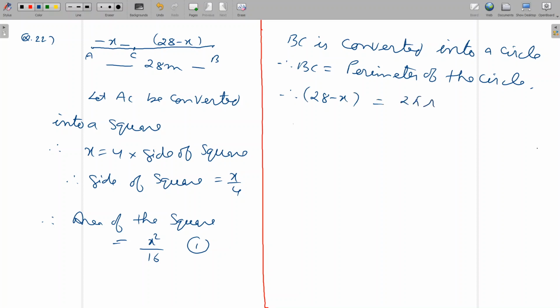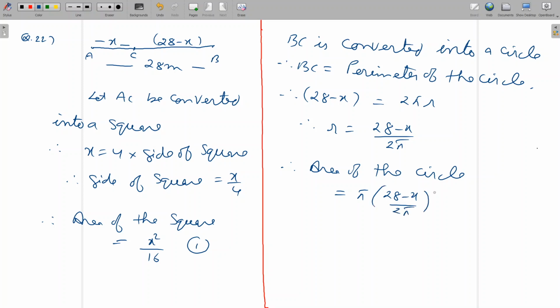So this will give us r equal to 28 minus x over 2 pi, and therefore the area of the circle is equal to pi r square, that is pi into 28 minus x over 2 pi whole square.